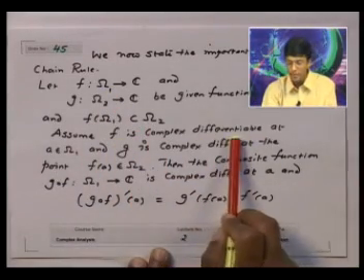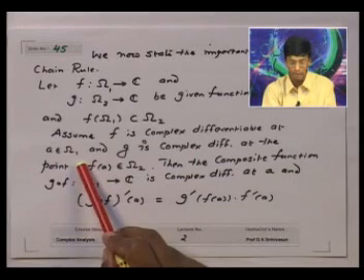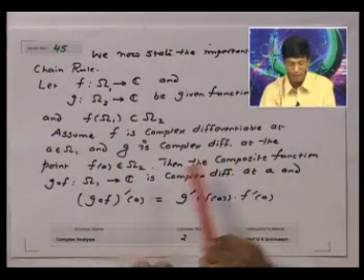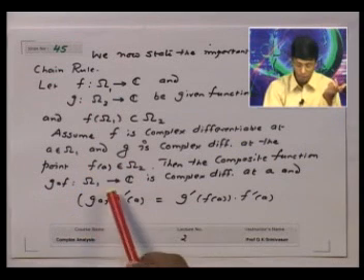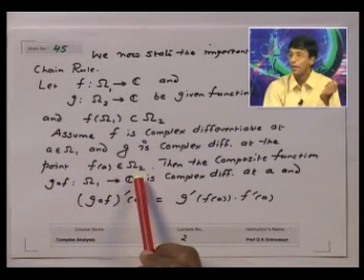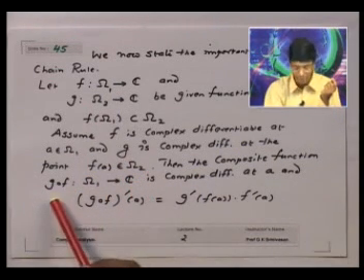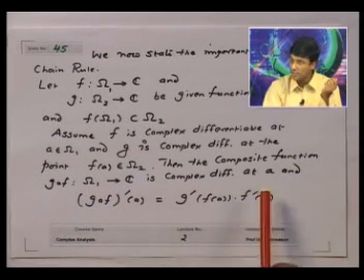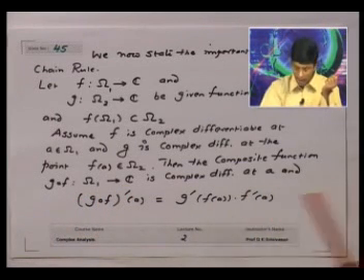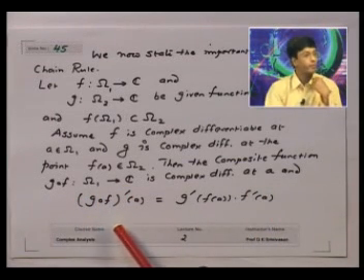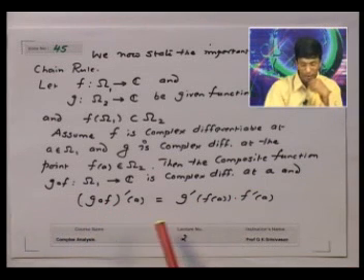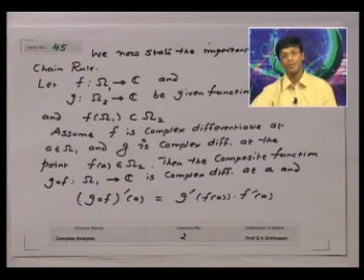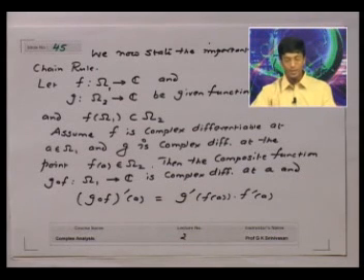Assume f is complex differentiable at a coming from omega 1 and g is complex differentiable at the point f of a coming from omega 2. Then the composite function g composed with f from omega 1 to C is complex differentiable at a, and the derivative of (g composed with f) prime of a is given to be g prime of f of a times f prime of a. This is the complete theorem.